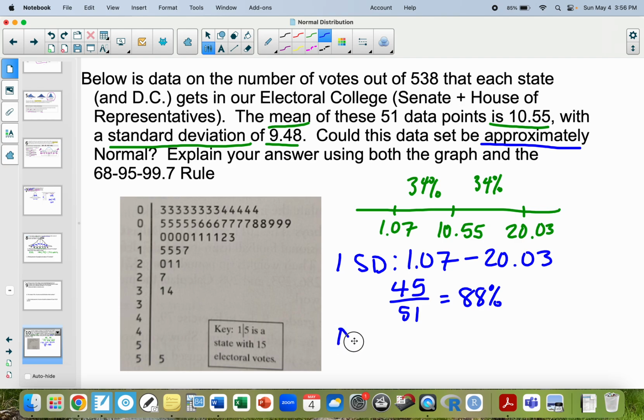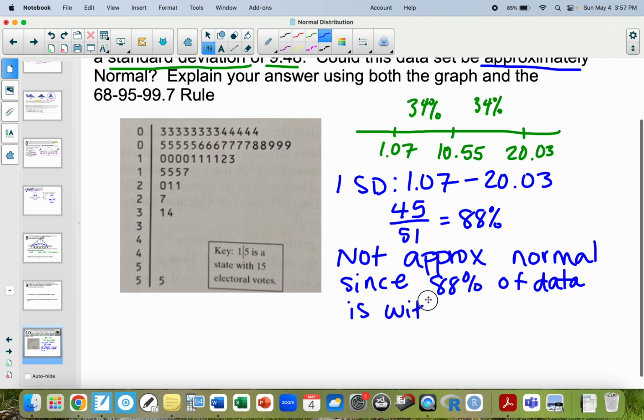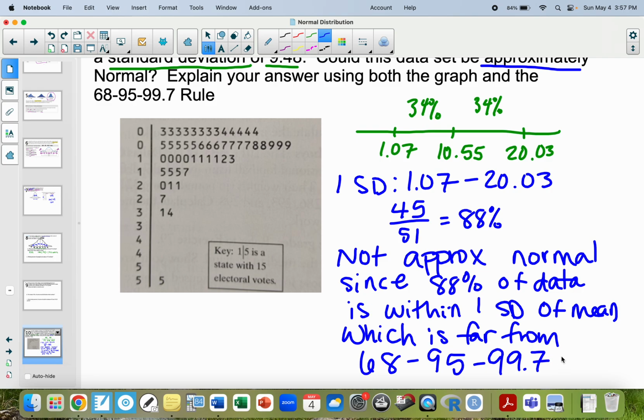So I would say that this is not approximately normal, since 88% of data is within one standard deviation of the mean, which is far from the 68, 95, 99.7 rule.